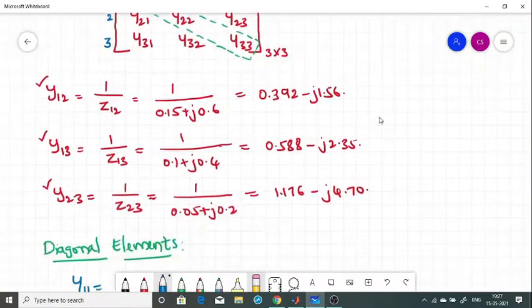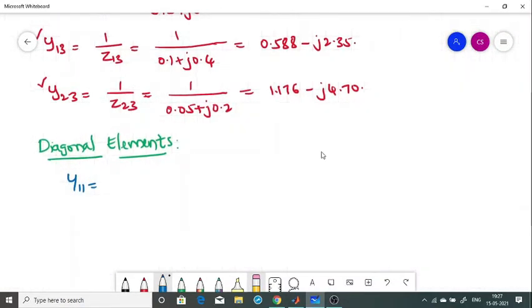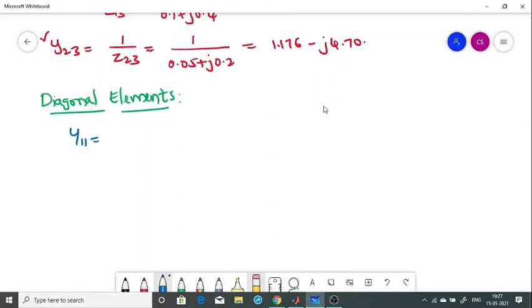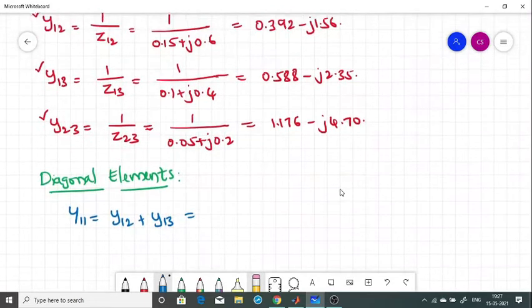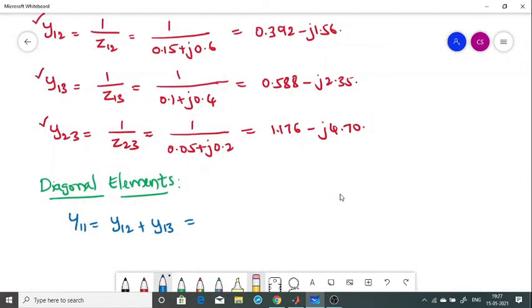So it is the addition of the values which are connected to that respective bus. That means Y12 plus Y13. What is Y12? We have calculated Y12 as 0.392 minus j1.56.